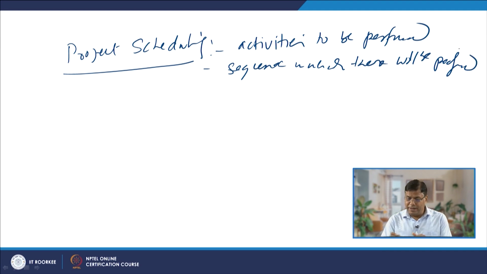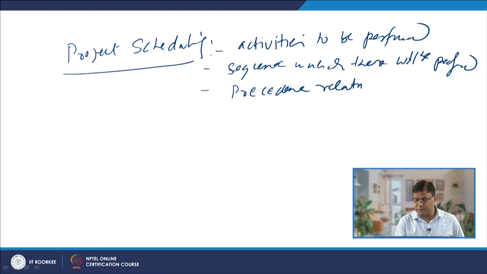To identify the sequence, we need to see if certain activities should be done first before others can be taken up, that is, if there is any precedence relationship between the activities, like certain activities can be done only if others are completed before.